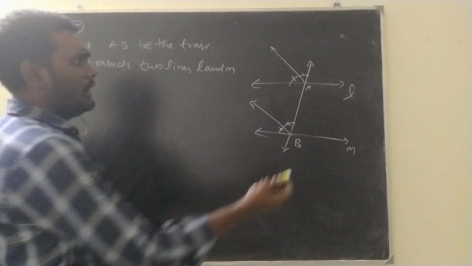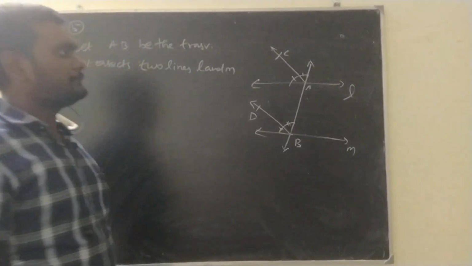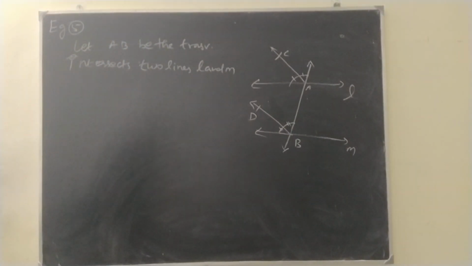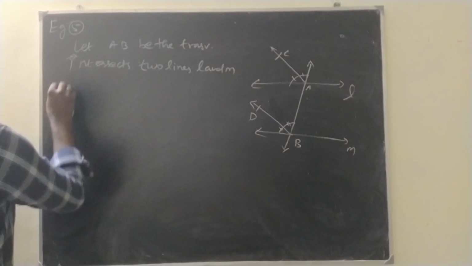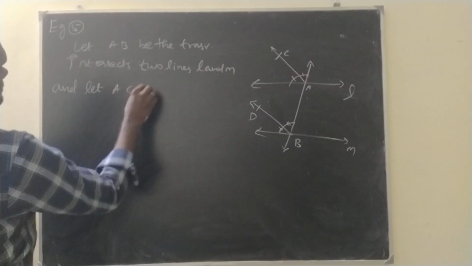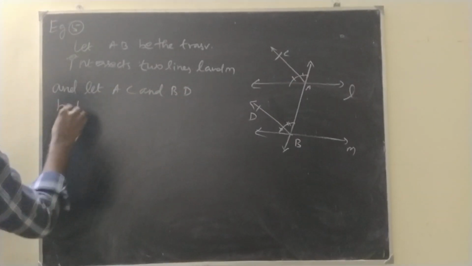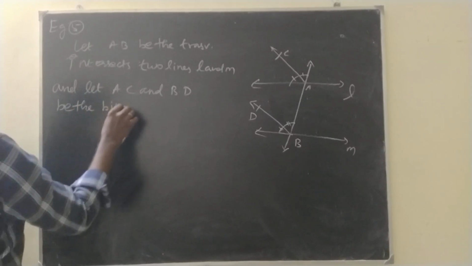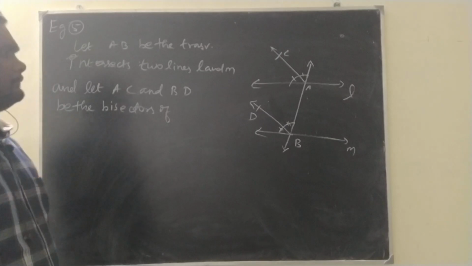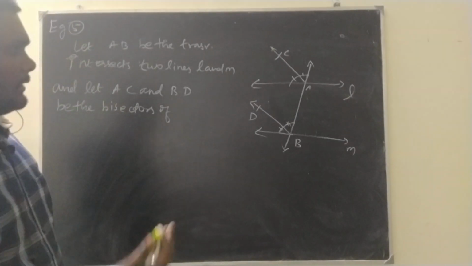Then we'll name this, like some C or D. That also we have to write. Let AC and BD be the bisectors of the angles. We should name them, right? So ABCD.